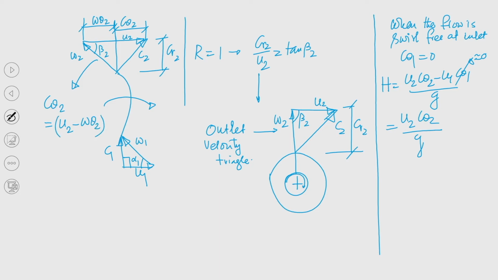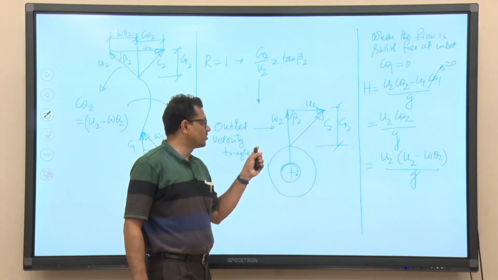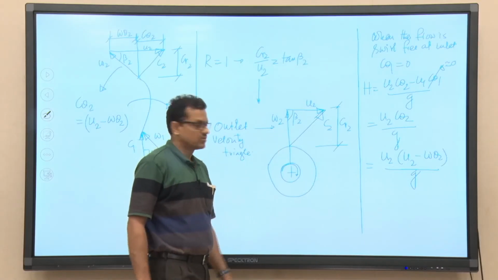right. So, what we can write over here is that this is U 2 into U 2 minus W theta 2 by G. For this particular case, when degree of reaction is equal to 1, what is W theta 2?